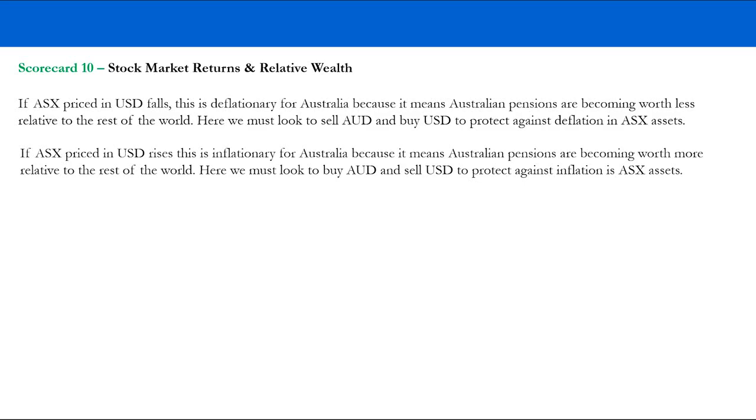If we see ASX priced in US dollars rising and we see a lot of confidence in the Aussie dollar, US dollar, then we have to buy it, or have to have a long bias towards it to protect against the future inflation in ASX assets and in consumer inflation as well, and even business inflation. So it's a very important driver overall to our analysis.